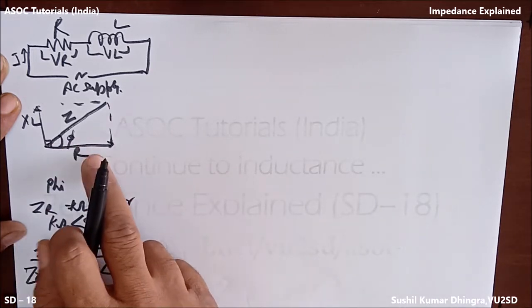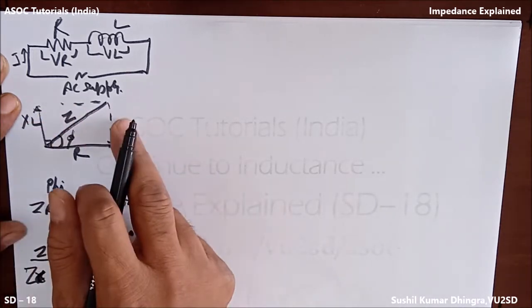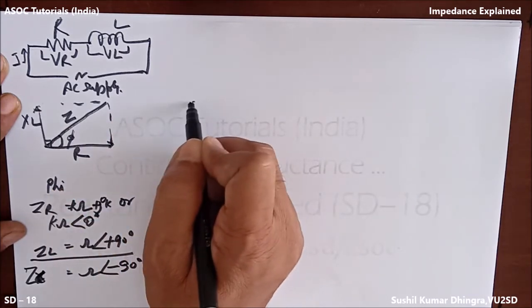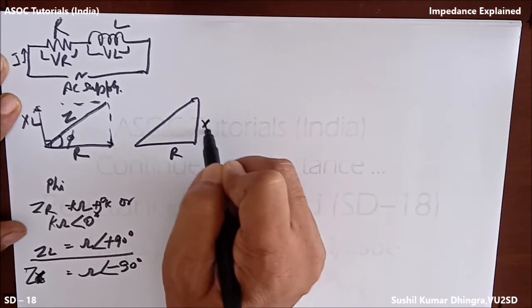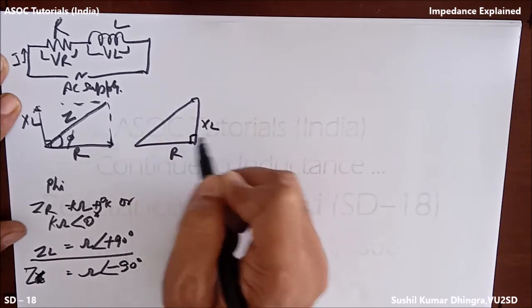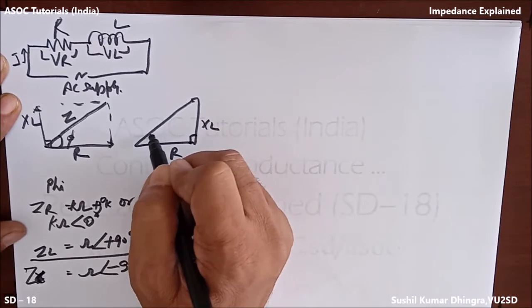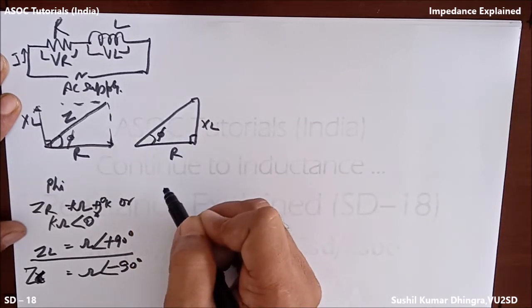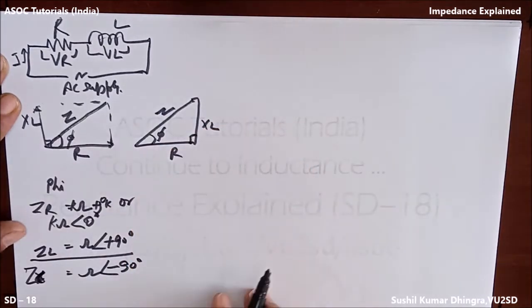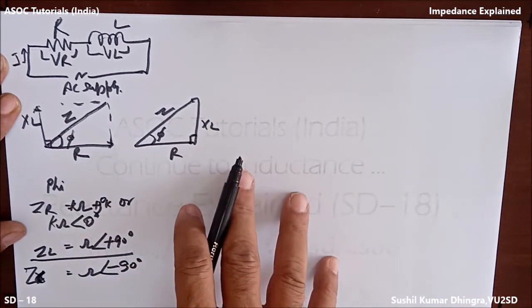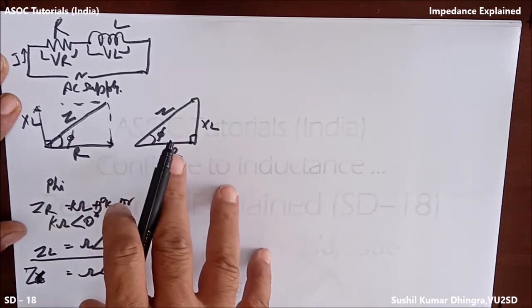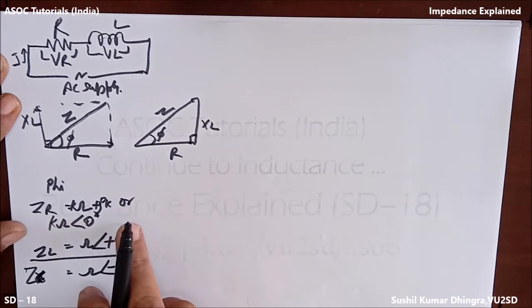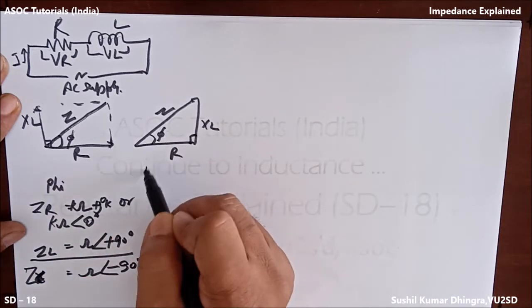Now just draw this line here. This will be R, this will be XL, this will be 90 degrees, and this phi, and this is Z. Keep that in your mind. As we are dealing with effectively a three-sided right angle triangle, we can use the Pythagoras theorem here.